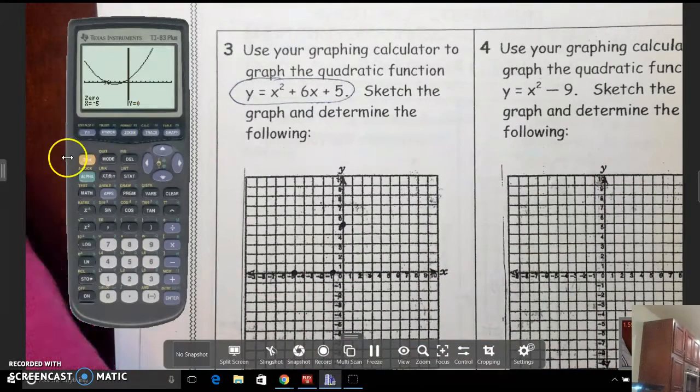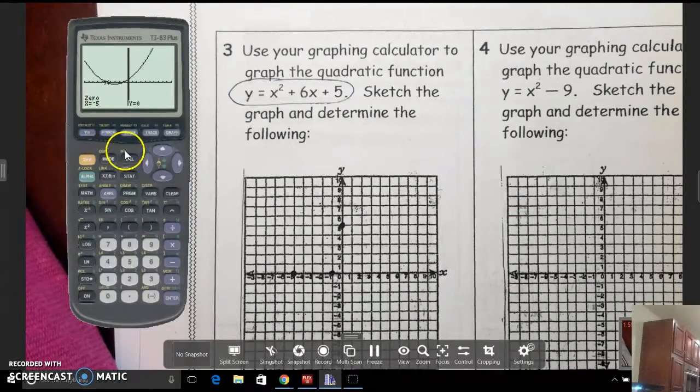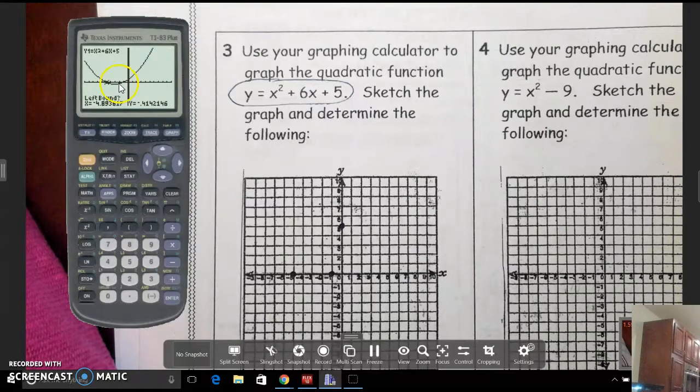And I'm going to get my other point. So for my other point, I'm going to go back to second trace, just like I did before. Go to 0, which is 2. And it's going to ask me for a left bound again. So since I want this point, I'm going to put my cursor to the left of that point, and then I'll hit enter. So this is a little bit to the left of this point that I want right here.